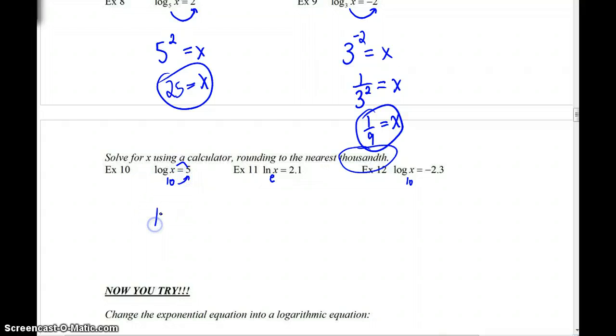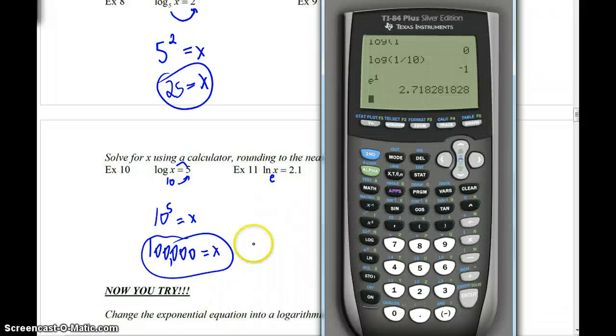Do a log circle. 10 to the 5th is equal to x. I hope you know that for 10 to a power, the power tells you how many zeros you have. We'd need a 1 with 5 zeros following it. You could quickly double check that 10 raised to the 5th is 100,000.